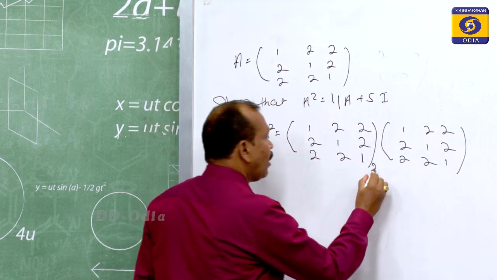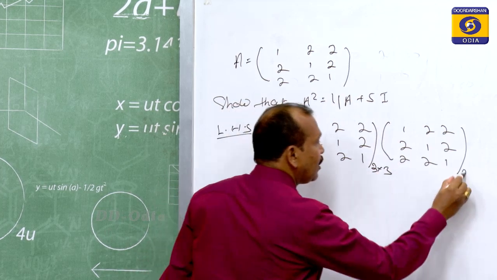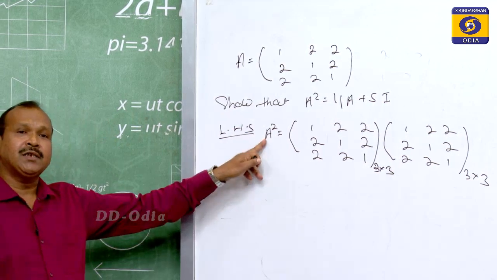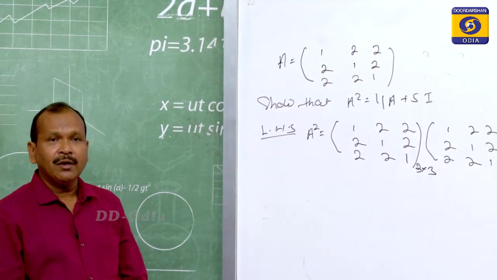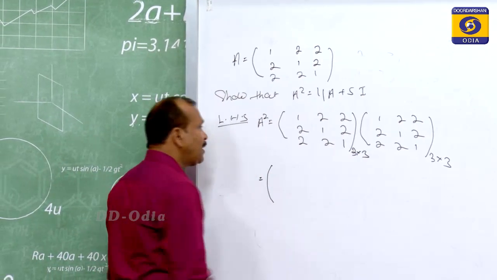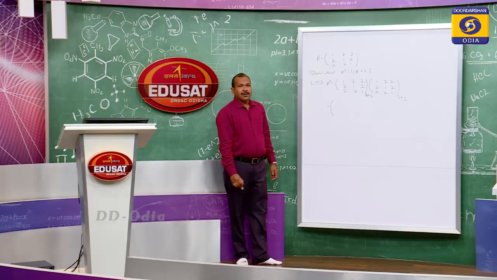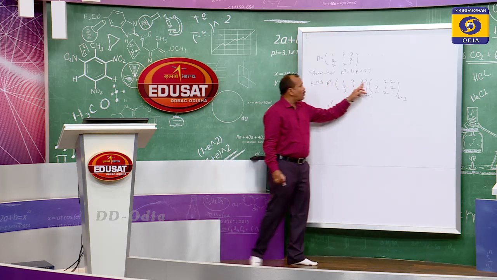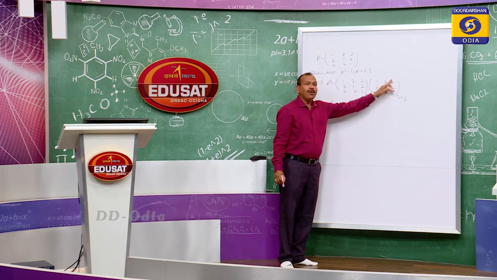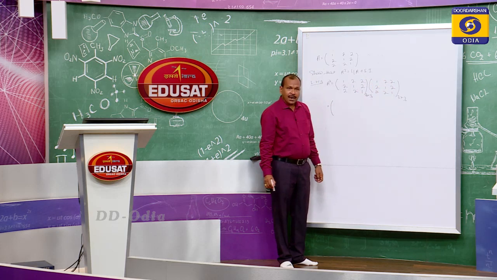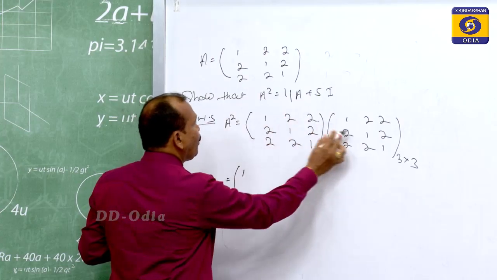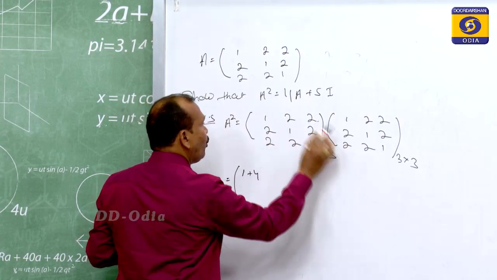This is of order 3 cross 3, so A square is also a matrix of order 3 cross 3. The matrix product is done by multiplying the first row with the first column, second column and third column of the second matrix. Then 1 into 1 is 1, 2 into 2 is plus 4, 2 into 2 plus 4.